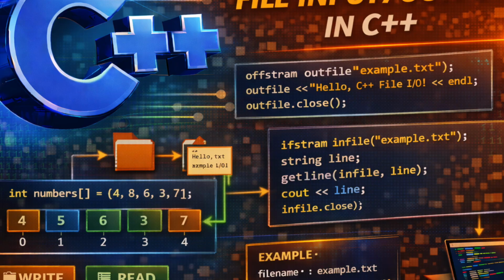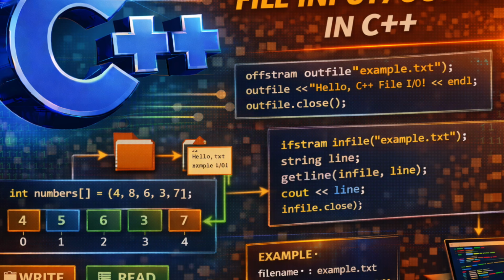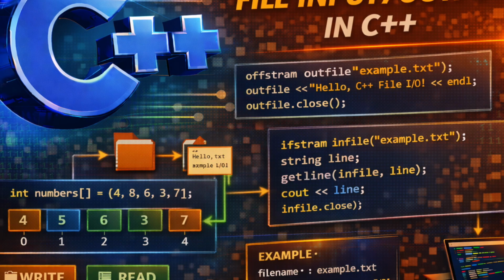Well, an input stream, an ifstream, has to guarantee that the file exists before it can do anything. Right, or there's nothing to read. Whereas an output stream, an ofstream, has to guarantee it has write access and, critically, decide whether to destroy existing data. Having two distinct objects enforces a really strict separation of duties. That makes sense. It's about managing the unique risks on either side of that border crossing.